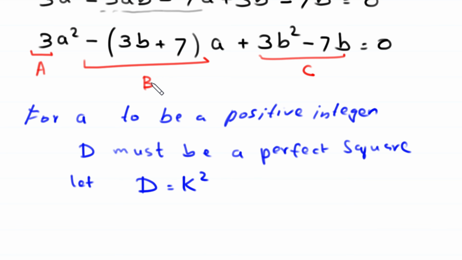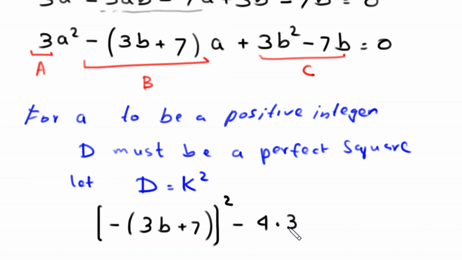Discriminant will be equal to B squared minus 4AC, and B is negative times 3b plus 7. This will become negative times 3 times b plus 7, whole squared, minus 4 times A is 3 times C is 3b squared minus 7 times b, and this should be equal to k squared.